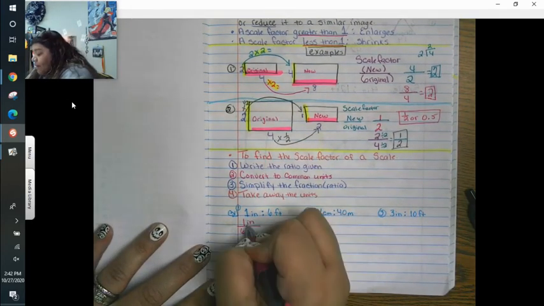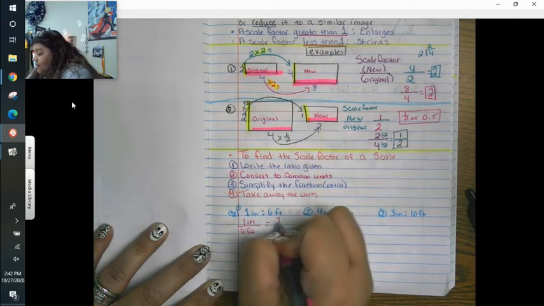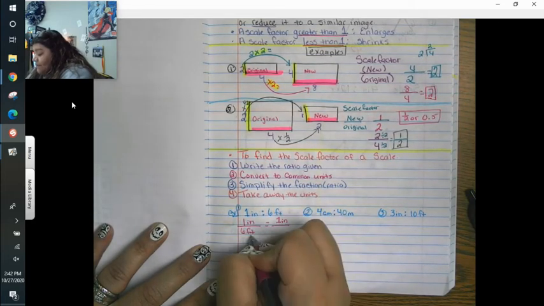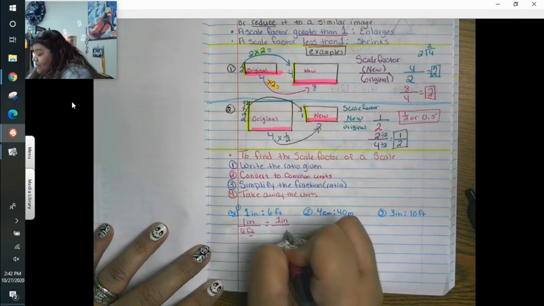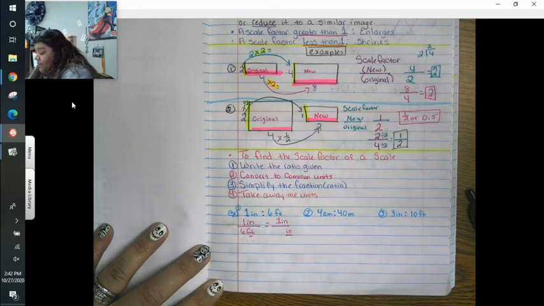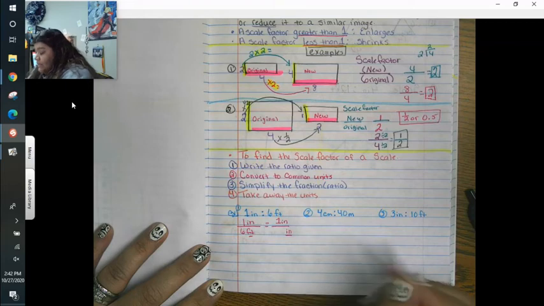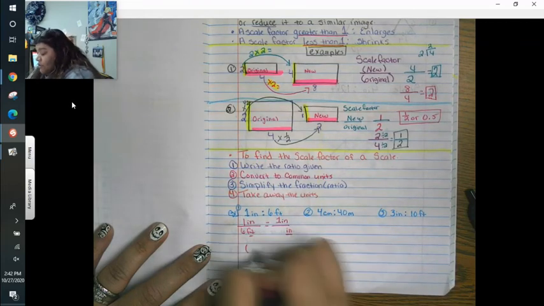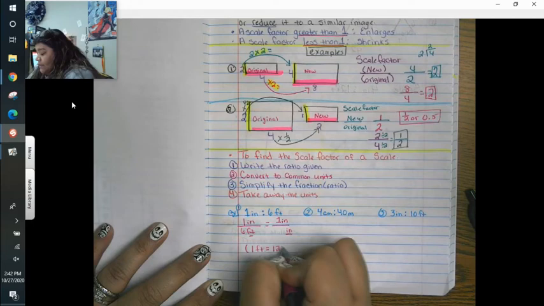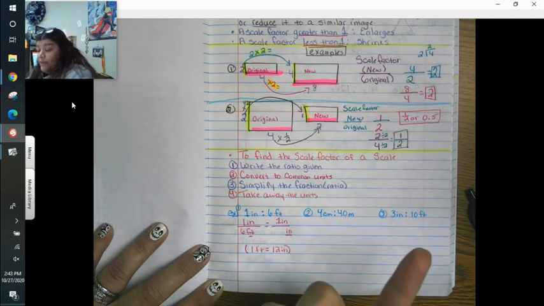So my 1 inch is fine, but I need to convert this into inches as well, okay? So I have to think, how do I go from feet to inches? If you remember your conversion, I know that 1 foot equals 12 inches. I know that, okay?